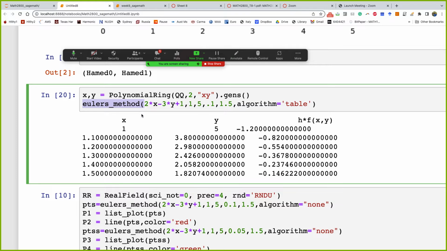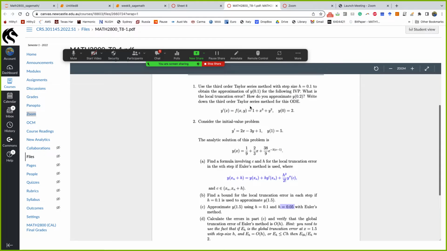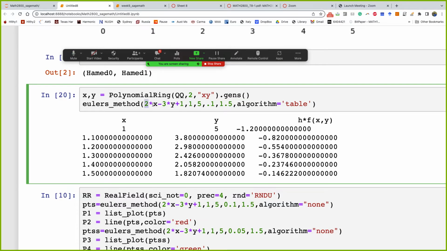The problem was this one here: 2x minus 3y plus 1 with the initial condition of 1, 5, and the argument related to h is 0.1.